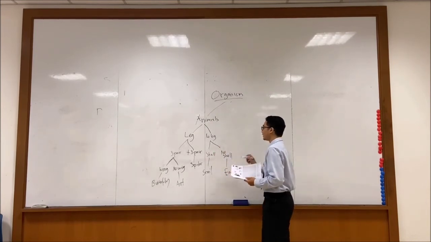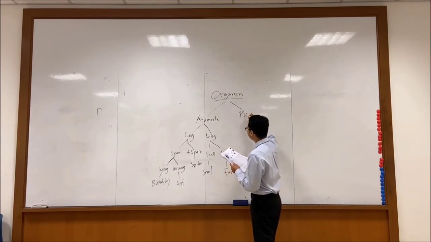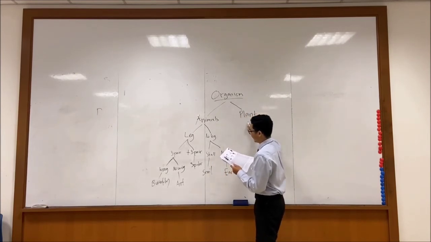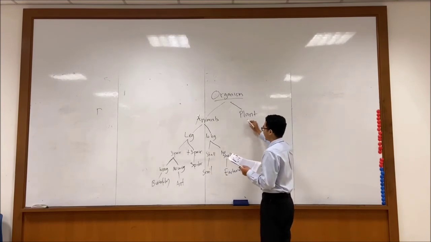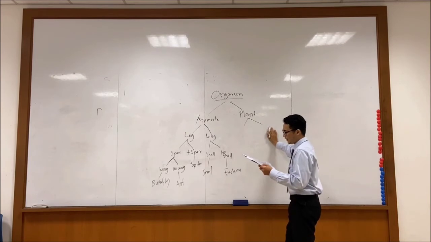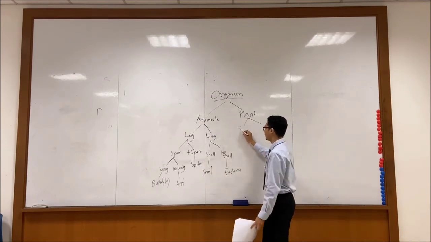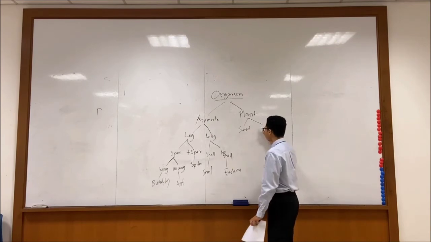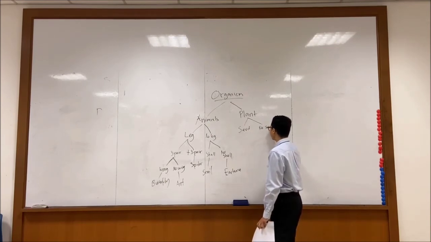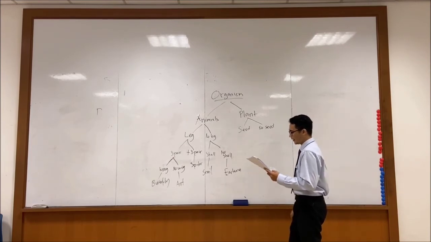We're not finished yet. We still have the organisms of plants. And plants, we must classify more. For plants, there are two characteristics: have seed and no seed. So let's take a look.